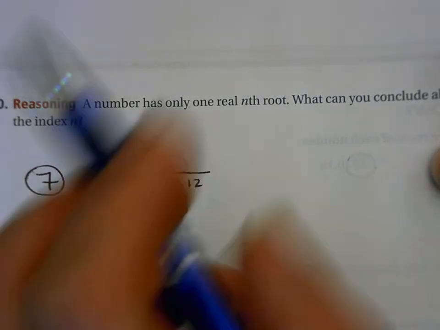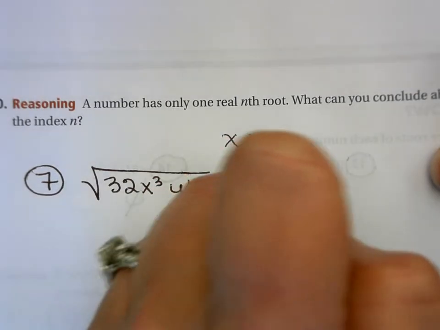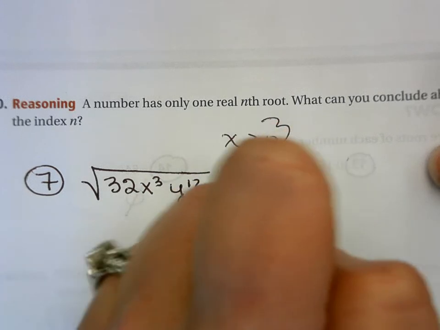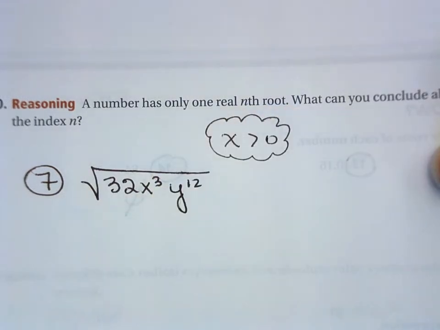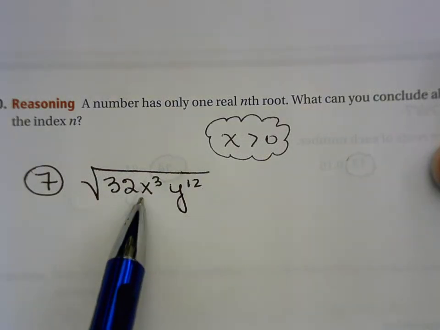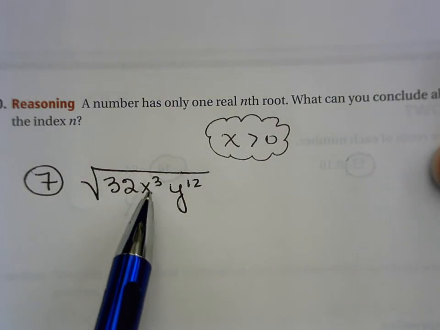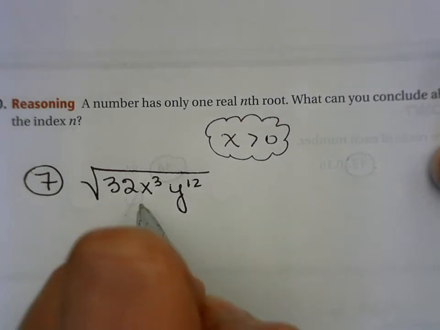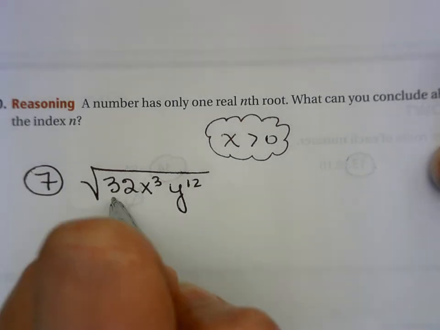Because this is odd, that means my x value has to be positive, right? So x has to be greater than 0, because if it was negative, I can't square root a negative number, and raising it to a third power does not make it positive, we'll keep it negative. So I want to go ahead and break up my terms here.